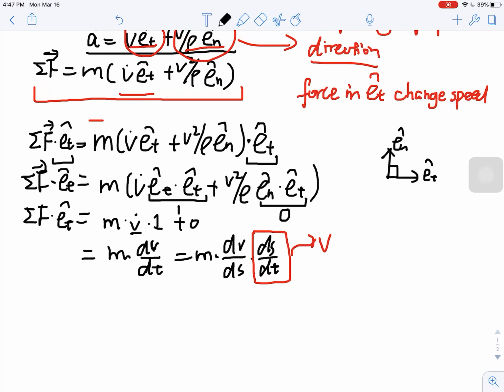So then we end up with F et hat equals m v dv ds. Okay, so this is something we end up with.